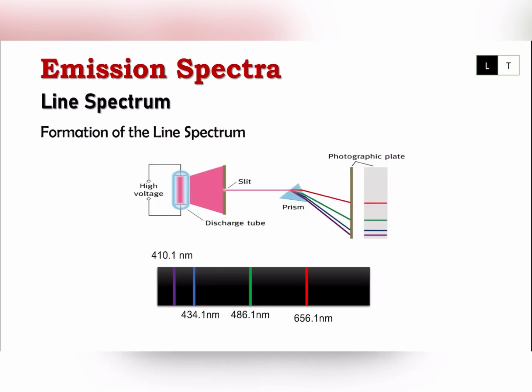So now I'm going to tell you the formation of the line spectrum. You can see the discharge tube here, where a gas is filled into this discharge tube. After that, an electric spark is passed through the gas in the tube. Energy supplied is then absorbed by the electrons and causes them to be promoted from ground state to higher energy levels.